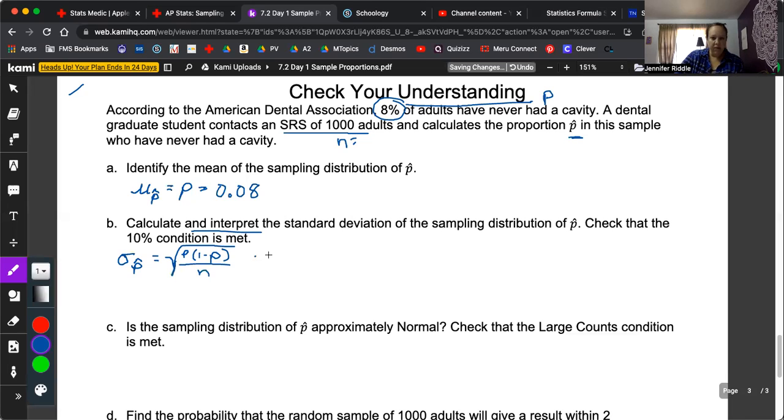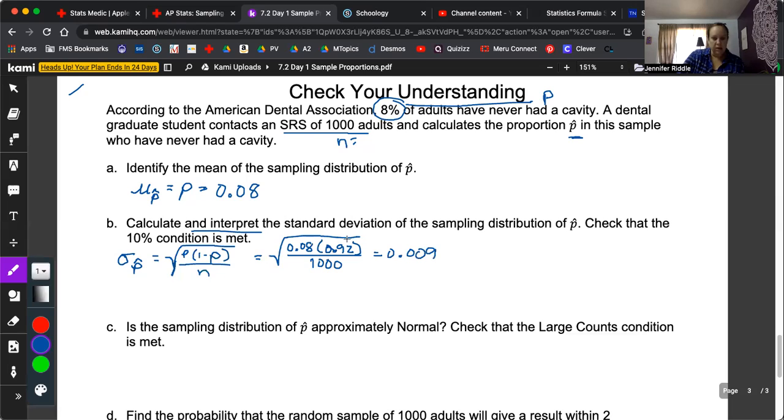So plugging in my values, I get the square root of 0.08 times 1 minus 0.08, so 0.92, divided by my sample size, which was 1,000. And when I put that all in my calculator, I should get 0.009.